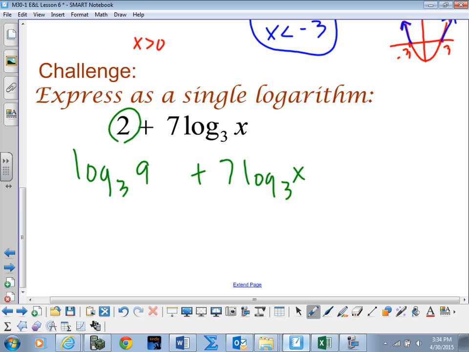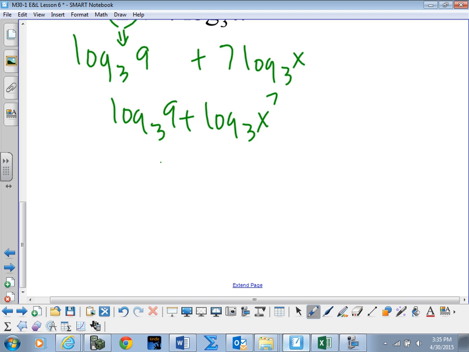So if I put a 9 here, 3 to the power of 2 is 9, these are equivalent expressions. I'm just changing a constant into base 3. Now that I've done that, I can't quite combine them yet because the 7 has to be removed. Log base 3 of 9. And I'm going to write the 7 as the exponent. Now I'm ready to combine them using multiplication.